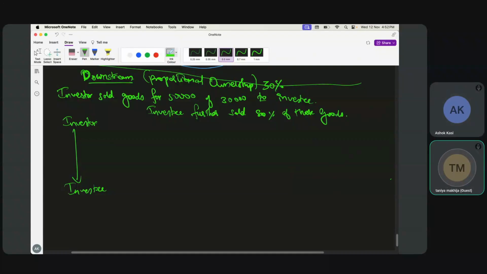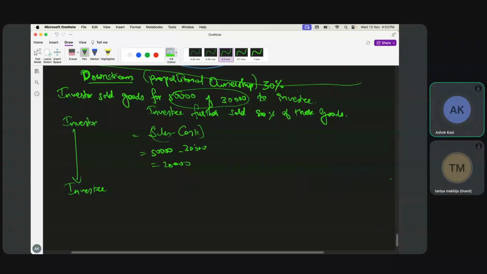The treatment will be the same. So again, the problem is this 20,000. 20% is unconfirmed. So sales minus cost: 50,000 minus 30,000, so 20,000.